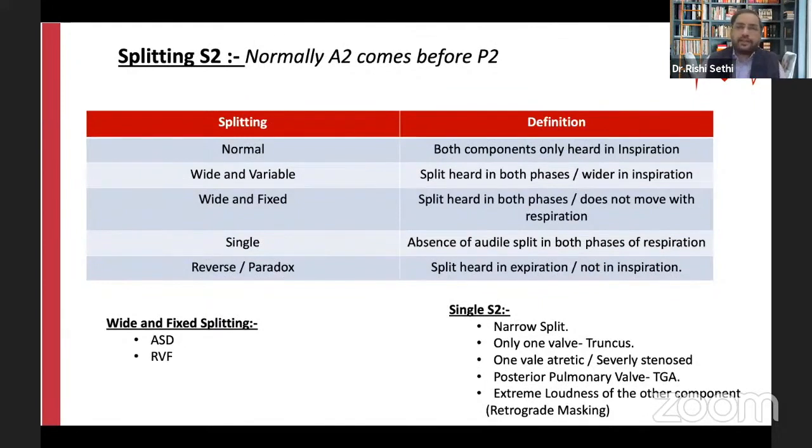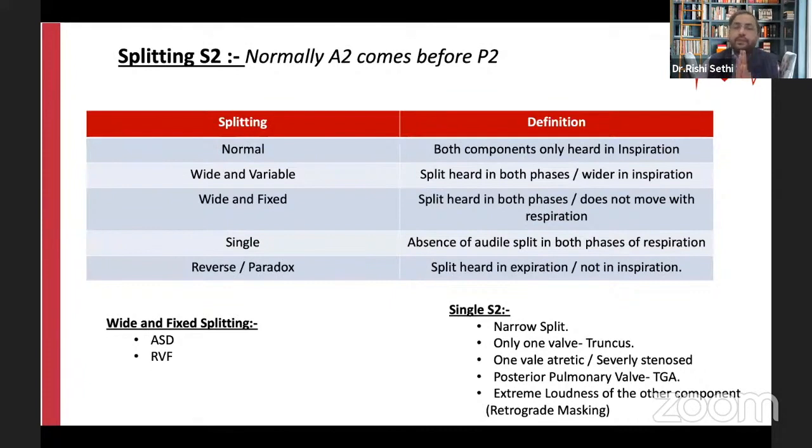Single heart sound, single S2, is also found if only one valve is present, that is truncus arteriosus. If one valve is atretic or severely stenosed, as we get in pulmonary atresia or severe TOF, you don't hear a P2 component. Or if the orientation of the arteries is anterior-posterior, the pulmonary valve becomes posterior and you don't hear it in TGA.